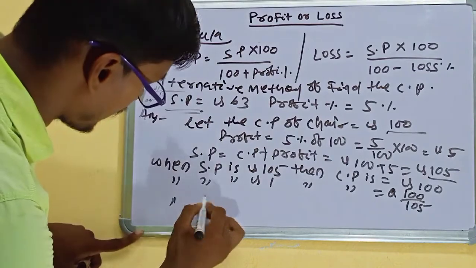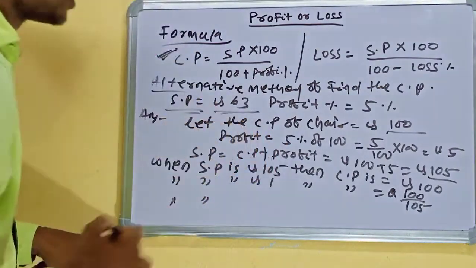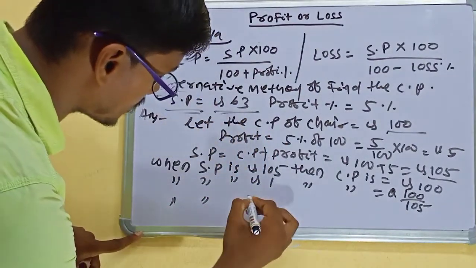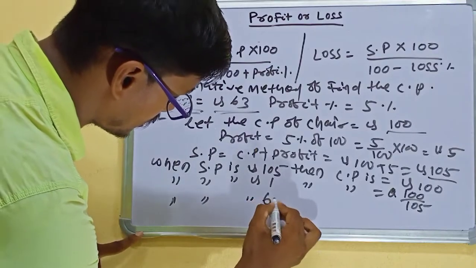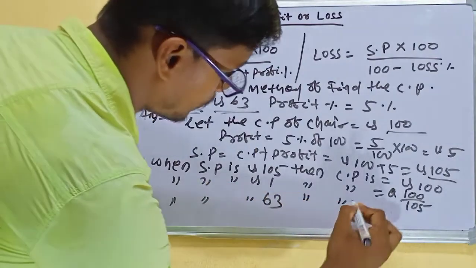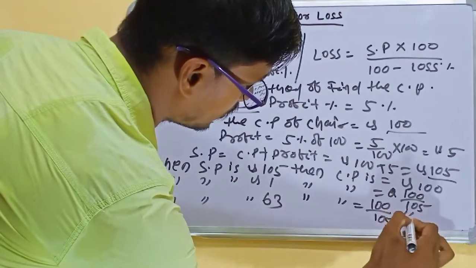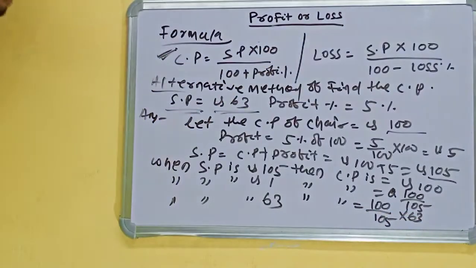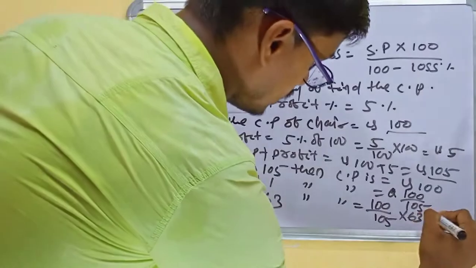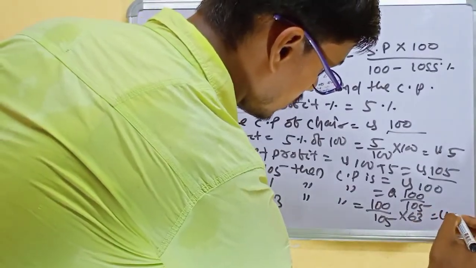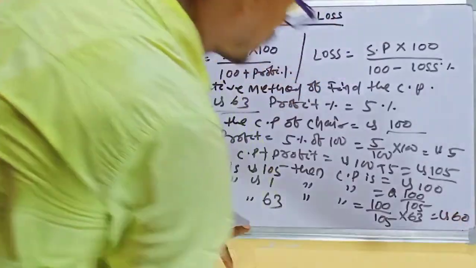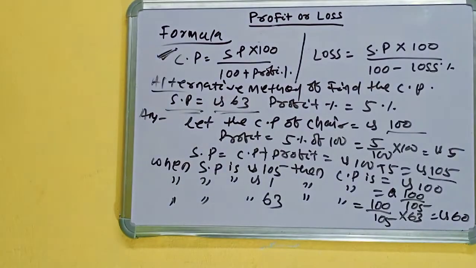Then when SP is rupees 63, CP is equal to 100 divided by 105 into 63, which is rupees 60.